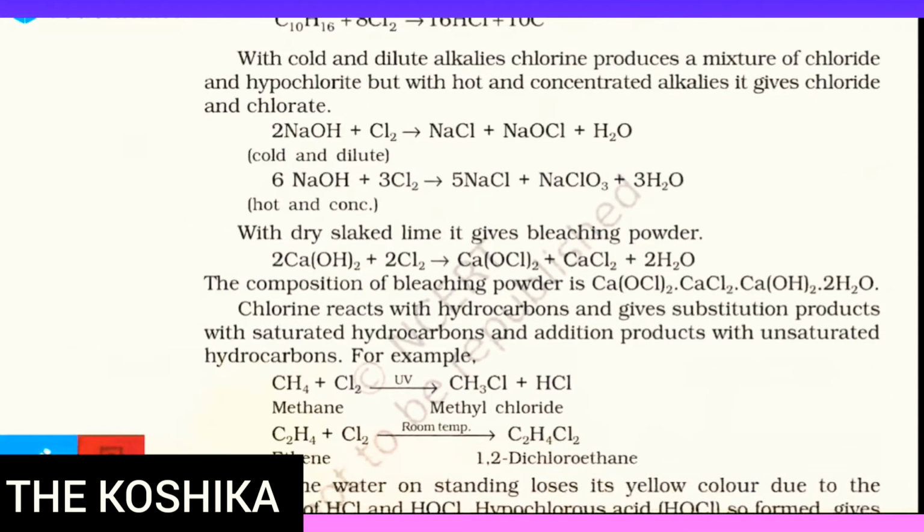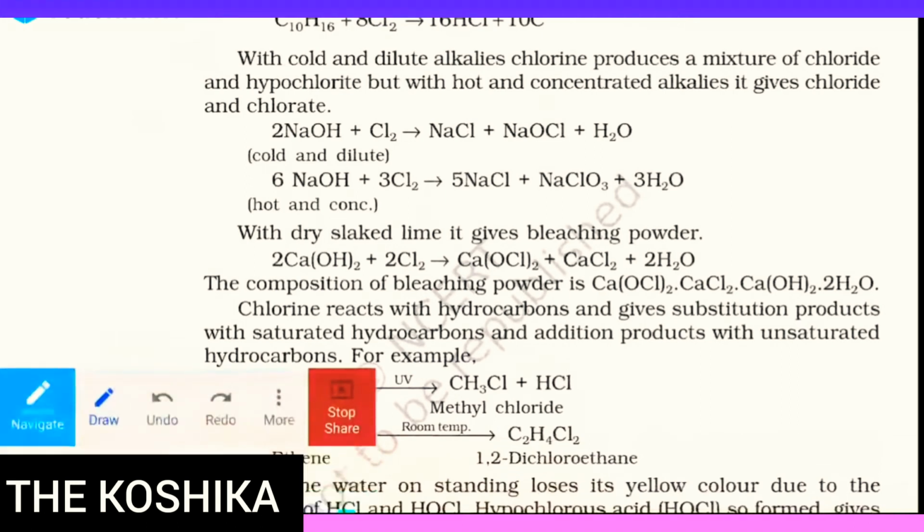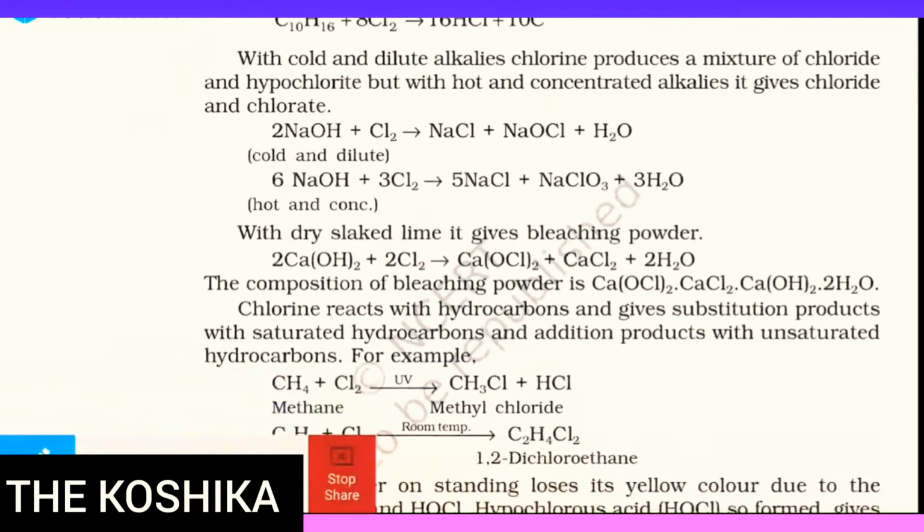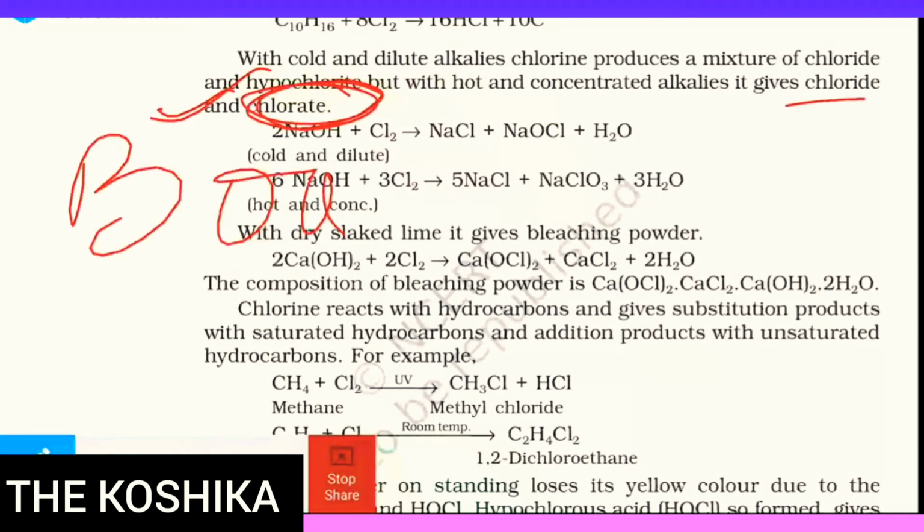Dilute alkalis with chlorine produce a mixture of chloride and hypochlorite, but with hot and concentrated alkalis, it gives chloride and chlorate. You may note this point, important for the upcoming board examinations.